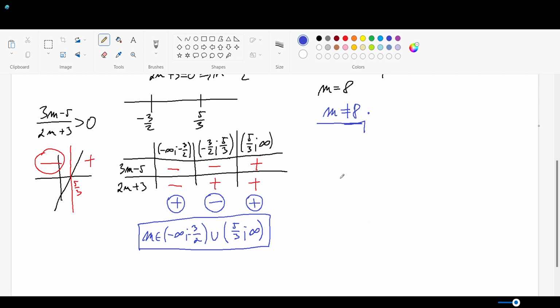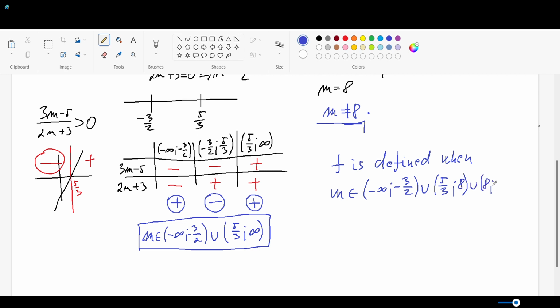So let's make the conclusion, and our conclusion is that the function is defined when m is from the interval negative infinity to -3/2 union 5/3 to 8, not included, open interval, because we have to exclude number 8, union 8 to the infinity.